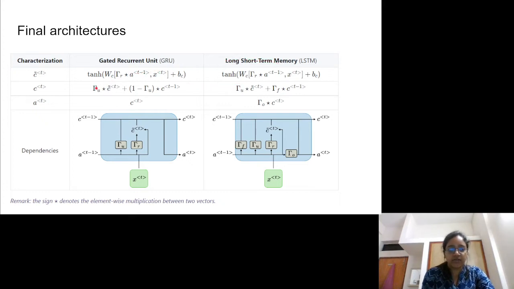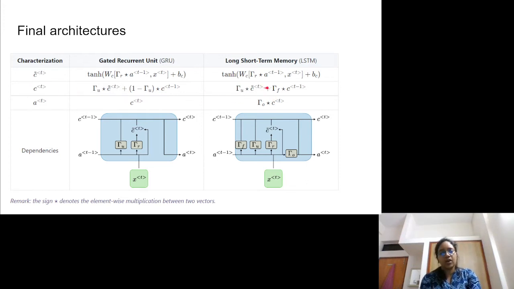We'll go through the LSTM first because that seems more intuitive to me. So that is how you create the current cell state. That is the first thing. Second, now you have created the current cell state, but you have to make some revisions to it in order to get your actual cell state. So how do you do that?